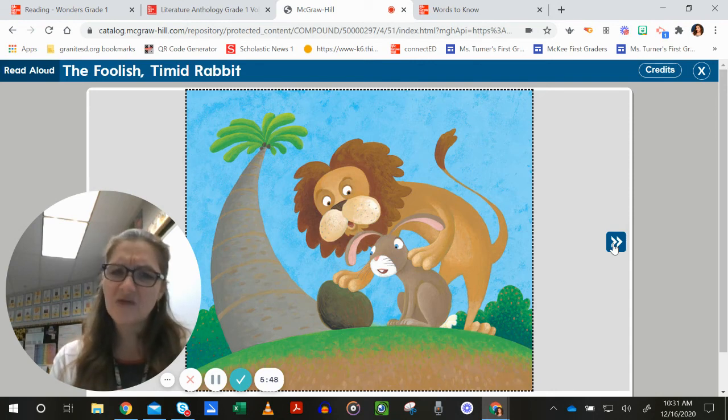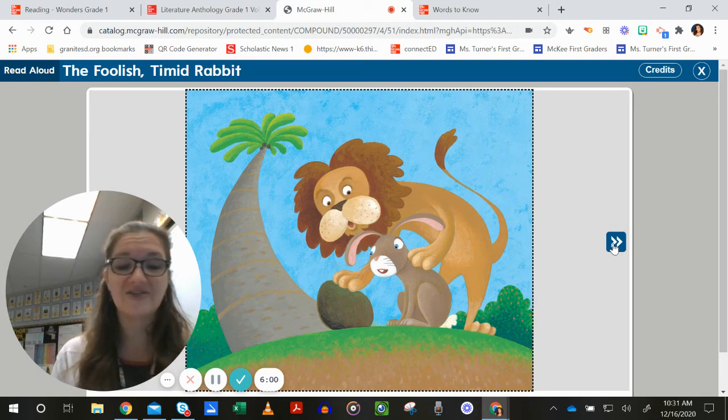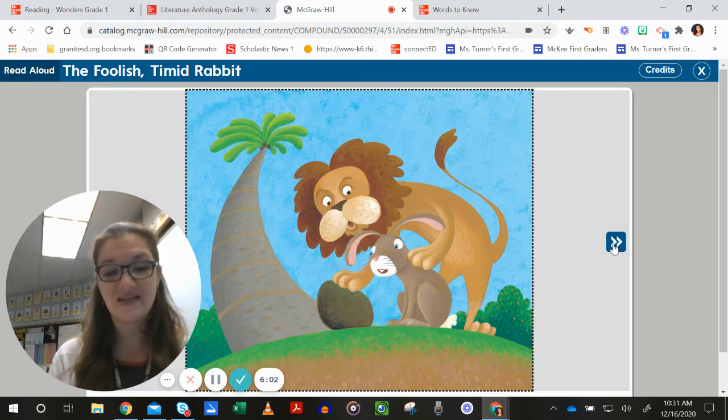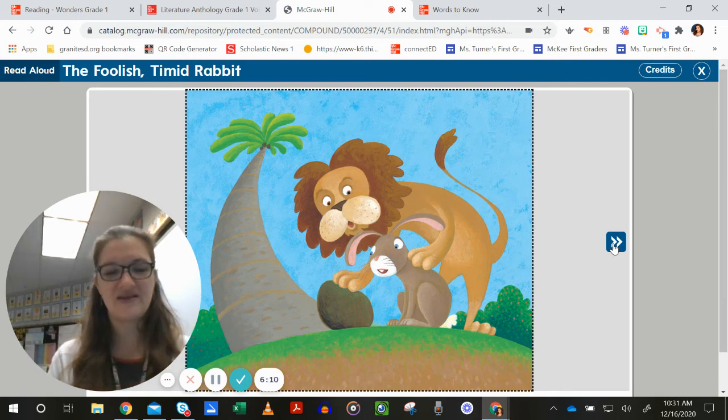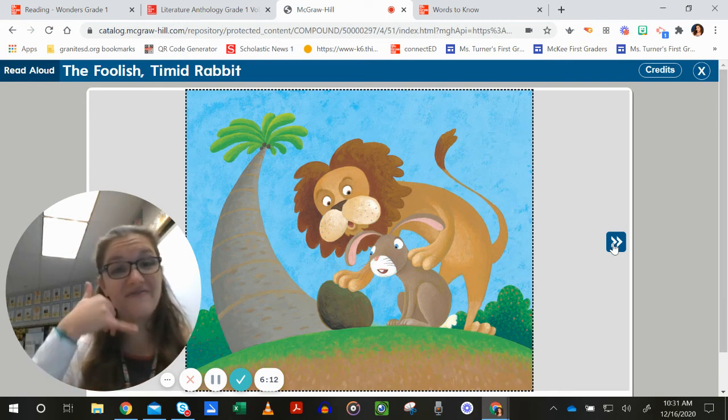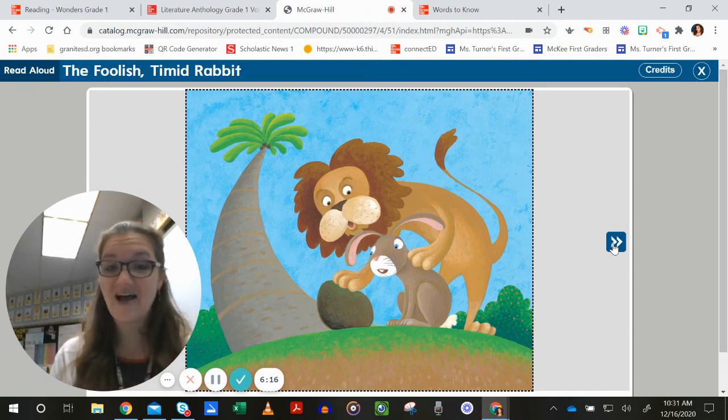"Then the earth is not breaking up?" asked the foolish, timid rabbit. The lion shook his head and smiled. The lion ran with the rabbit back on his back and told the other animals what had happened. They were very happy that the earth was not breaking up. "Lion, you are our hero," the animals cheered, and the foolish, timid rabbit cheered loudest of all.